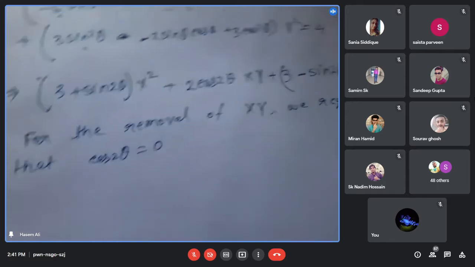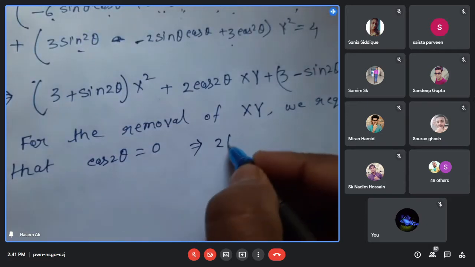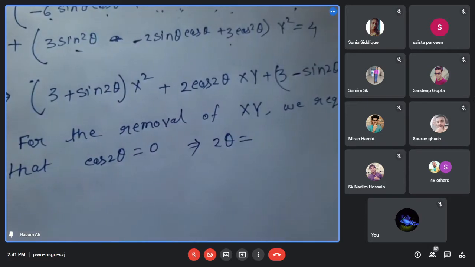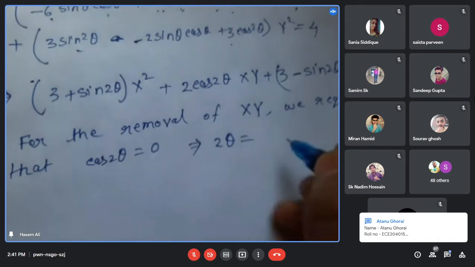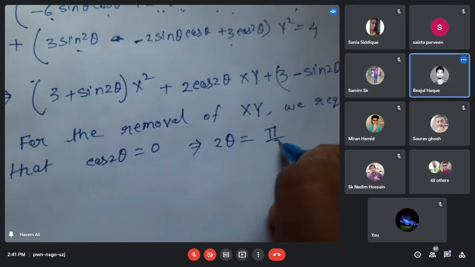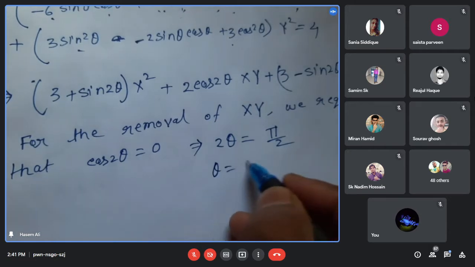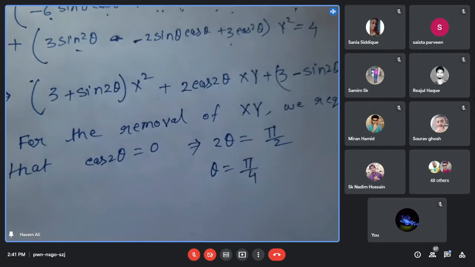Cos 2 theta equals 0 means 2 theta equals which angle? Cos 90 degree is 0, that means 2 theta equals pi by 2. So theta equals pi by 4. So we have to rotate the axis through an angle pi by 4.